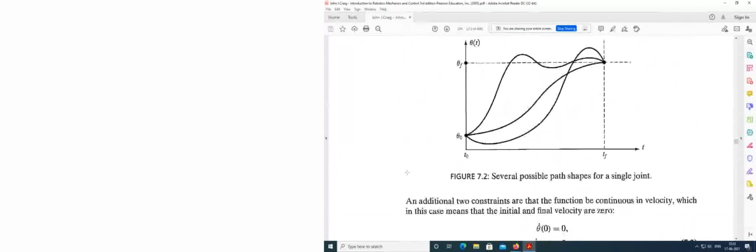If I choose a cubic polynomial, I'll have the form in this manner. So this is the cubic polynomial, and with respect to time, it's going to vary in this form.